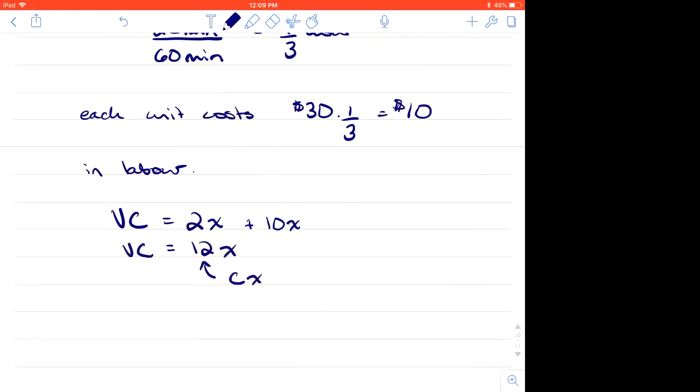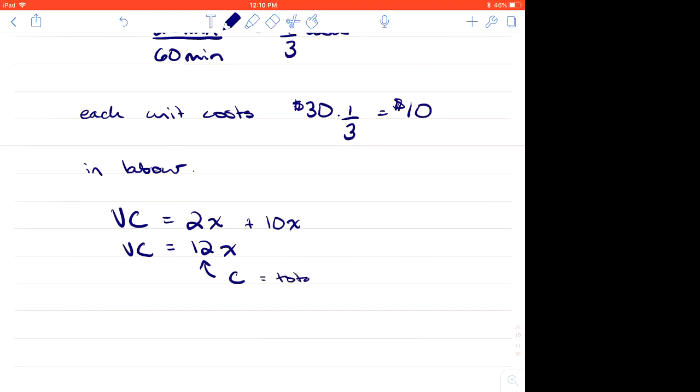Or I should just say 12 is C, the total per unit cost is 12.